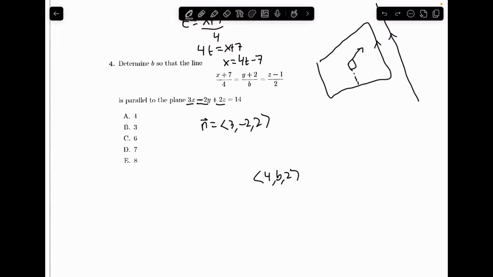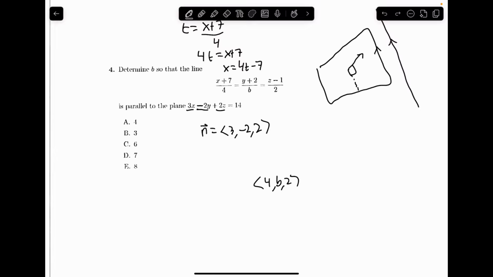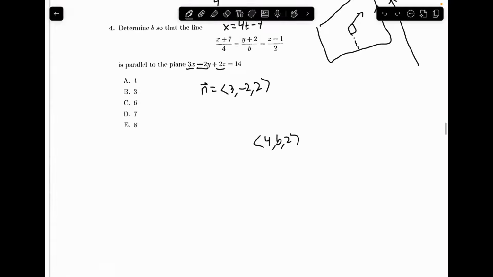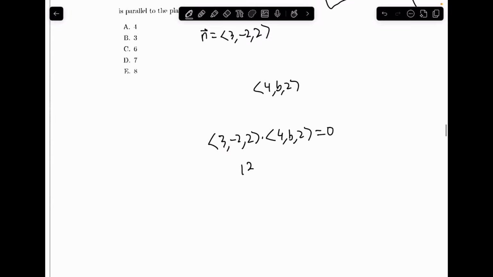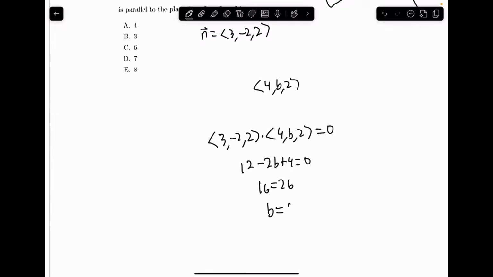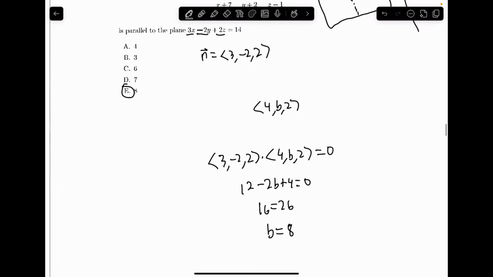And since we want that to be perpendicular to our normal vector of our plane, we just dot them and set them equal to 0. So we're going to get 3, -2, 2 dot 4, b, 2 equal to 0. So we have 12 minus 2b plus 4 equals 0. So 16 equals 2b, or b equals 8, and that is answer E.